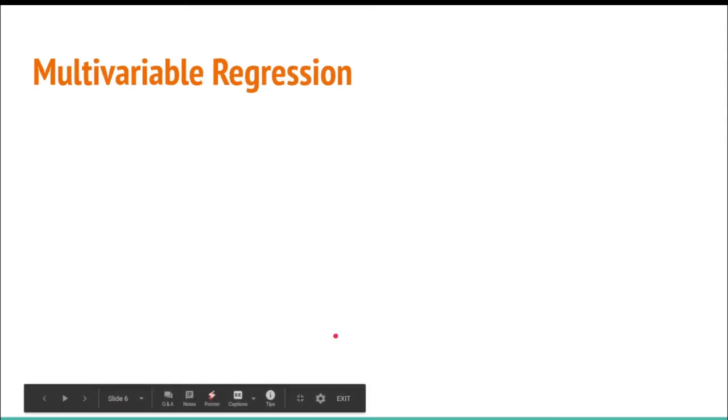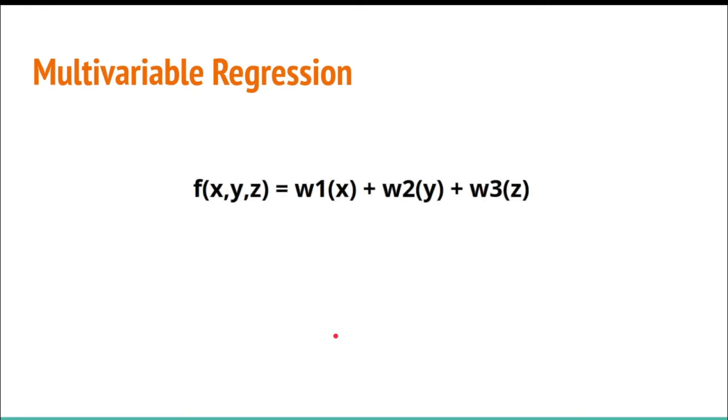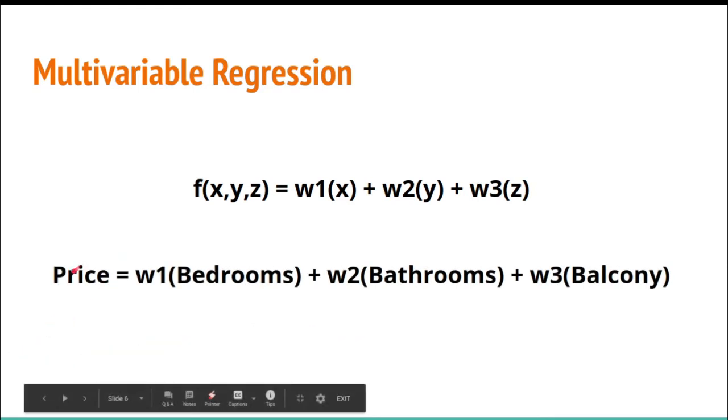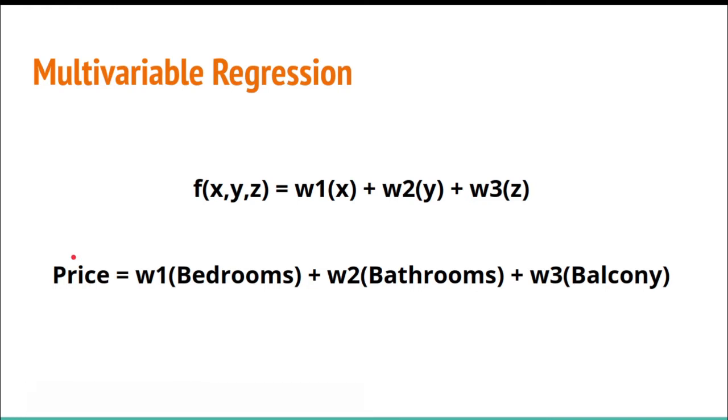Now what if we have multiple input variables like this? In this case we are predicting the price, but we use various parameters for predicting price like bedrooms, bathrooms and balcony, and we will repeat the same process.